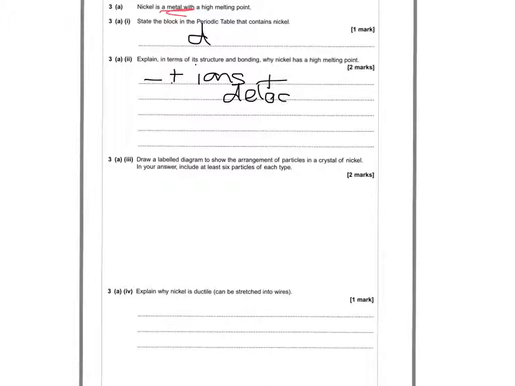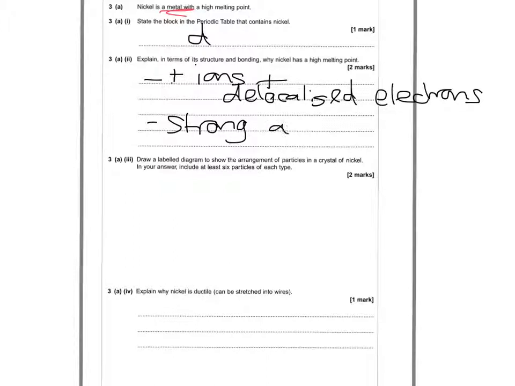And the delocalized bit, as you can see if you looked at the mark scheme, is very important. So that's for the first mark. The second mark is for the idea that there is a strong attraction between these 2 things. So the sentence, strong attraction between positive ions and delocalized electrons, gets you 2 marks.